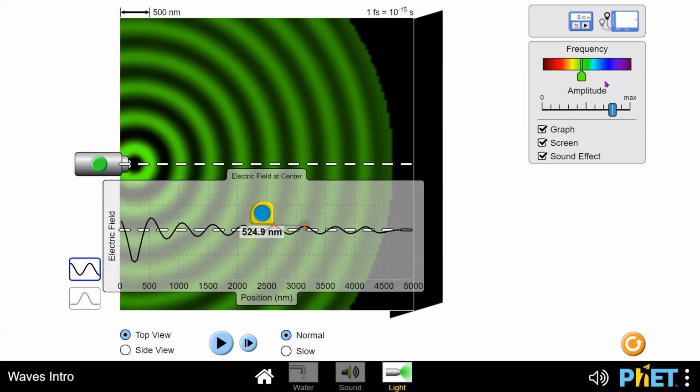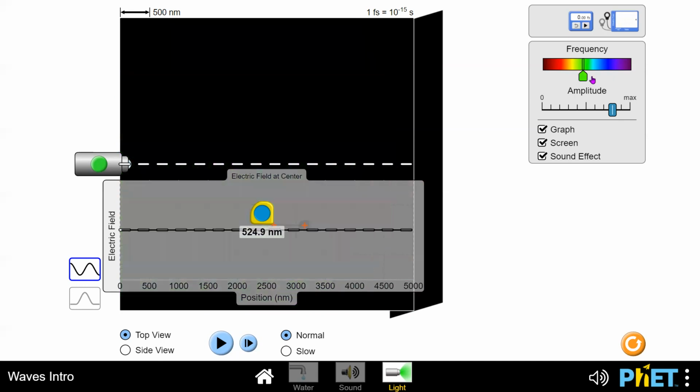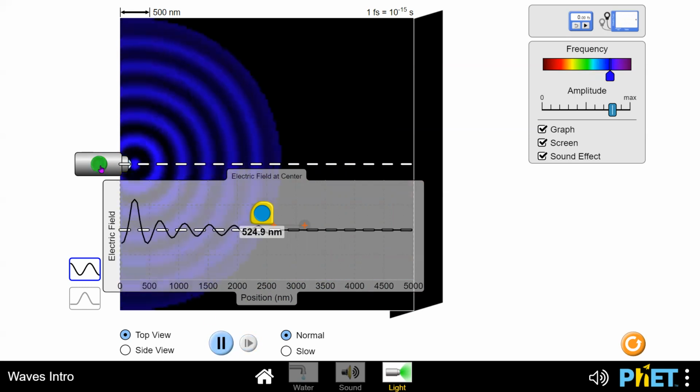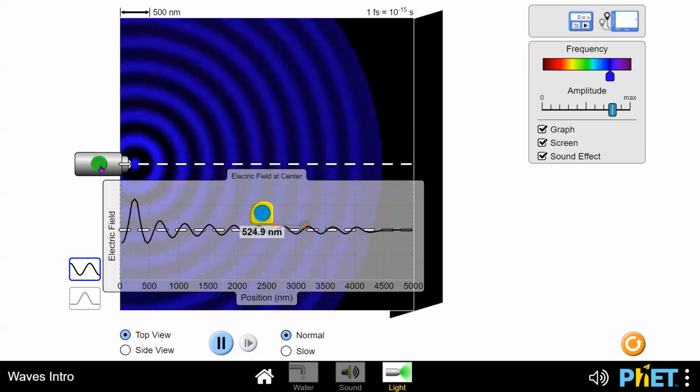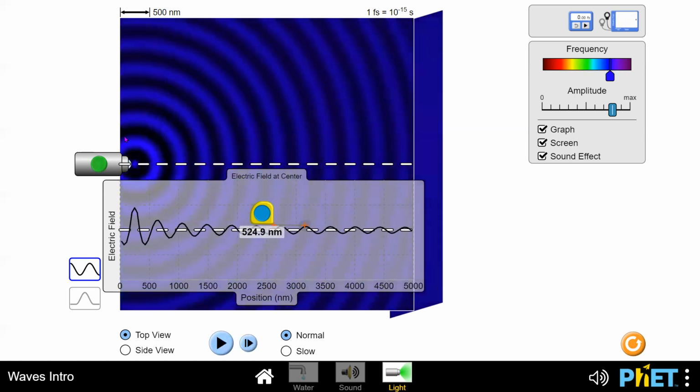So again, let me go to the blue one. If I move this to the complete blue, and do the same thing here. Look at here, the sound is also changing, right? Let me measure this distance from here to here.